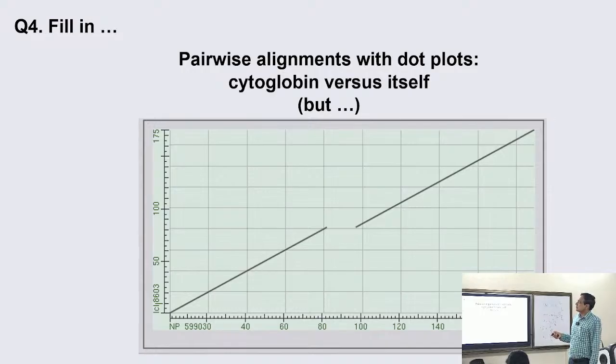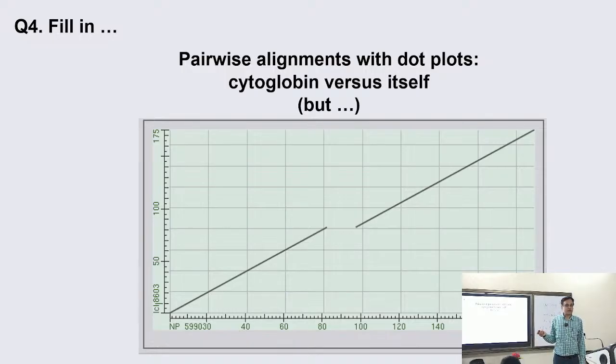Cytoglobin aligned to itself, but something happened. What happened? A gap. And gap means what? Deletion or insertion, right? Let's say deletion. Which sequence has the deletion? The sequences are on the x-axis and y-axis.